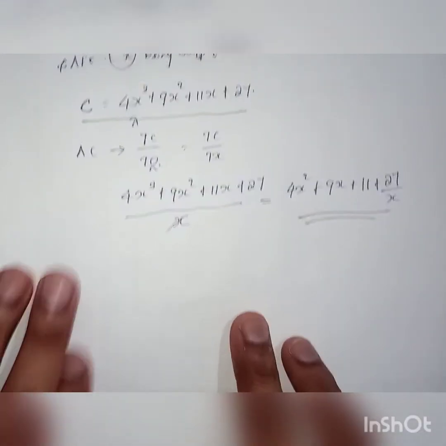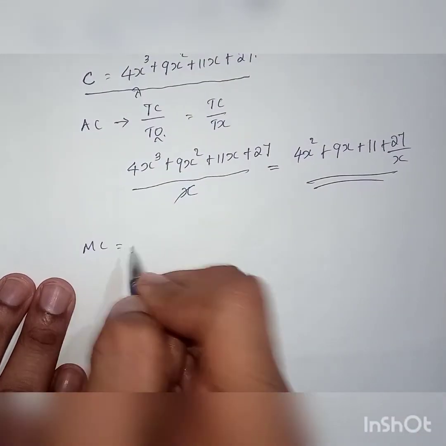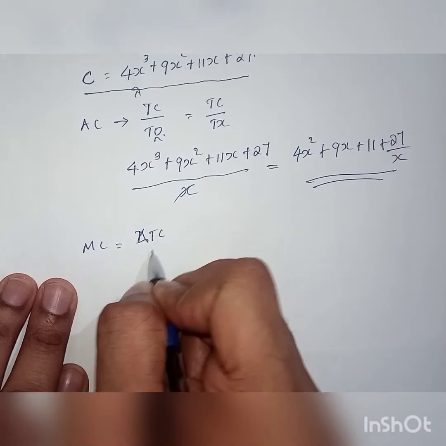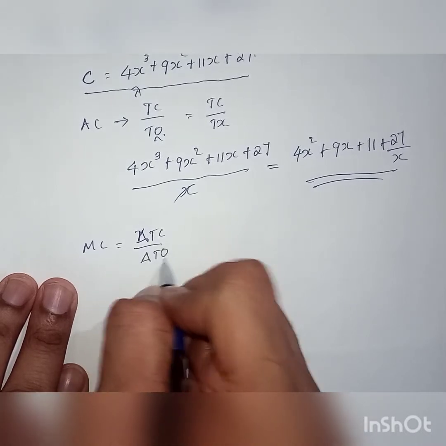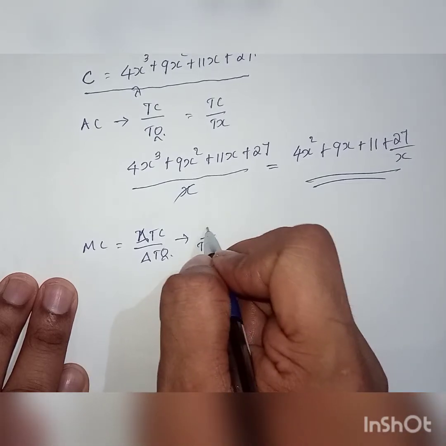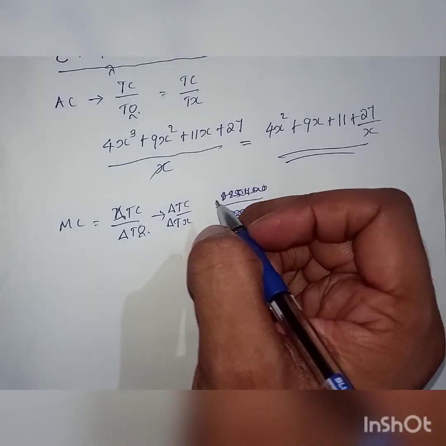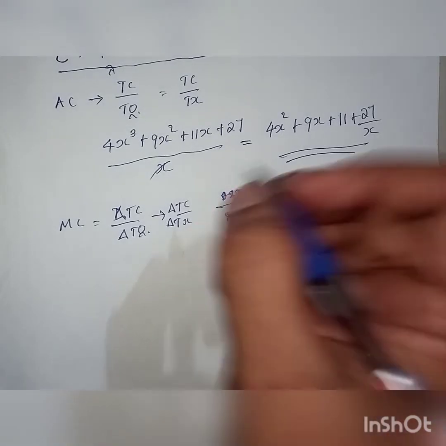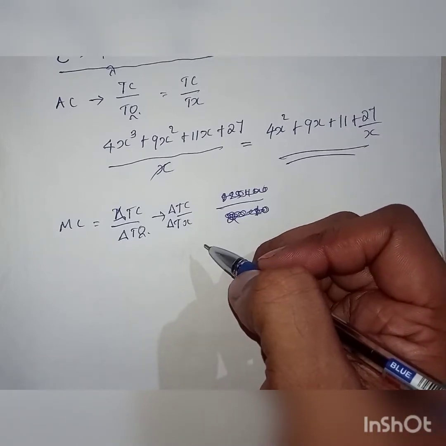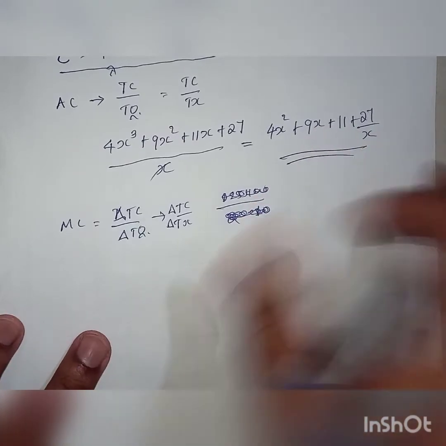The next thing asked in the question is marginal cost. Look here. Marginal cost, we know the equation: change in total cost divided by change in total quantity, right? Since the question is not giving us any absolute value for total cost or total quantity, we have to use derivatives.